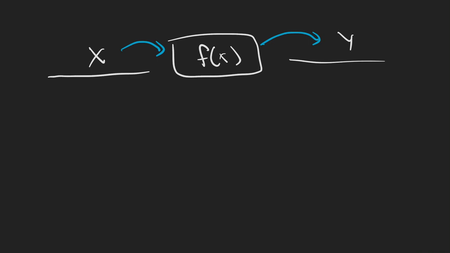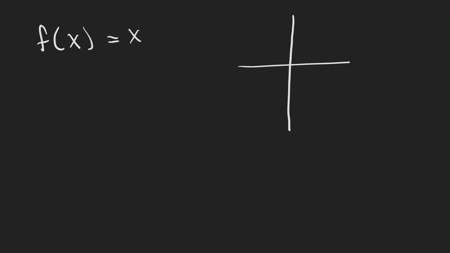To better illustrate this, let's look at a couple of graphs and see exactly what this looks like. Let's go ahead and start with the most simple function we can. f of x equals x. We're going to draw a simple little graph here. It's nothing special, it's just quick.